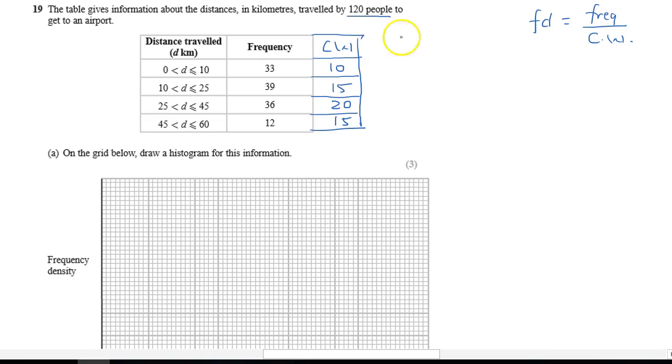Now we have to find frequency density. Frequency density is frequency, that is 33. So that is 33 divided by 10, 39 divided by 15, 36 divided by 20, and 12 divided by 15.